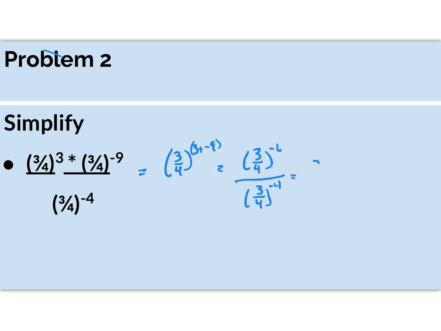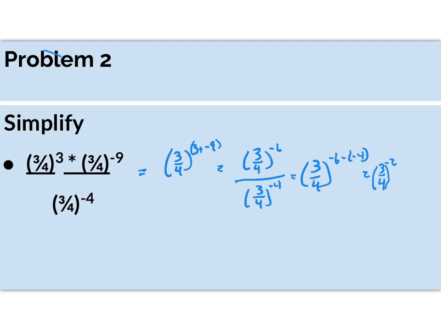So let's put this all in the numerator. -6 minus a -4 gives us 3/4 to the -2. And I'll put a parenthesis around that because the -2 is on the outside.